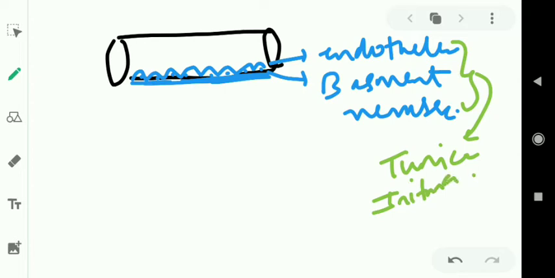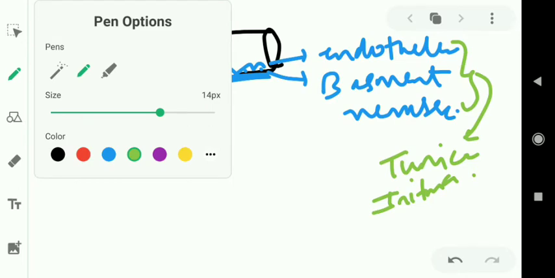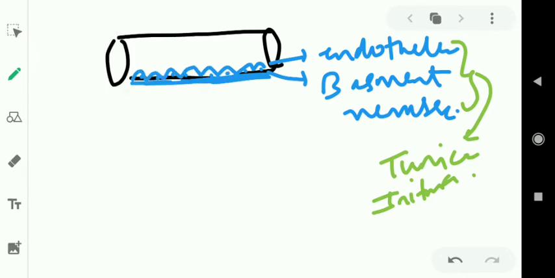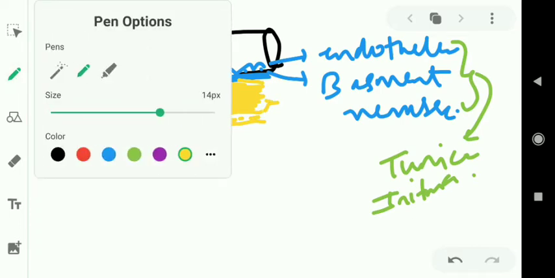Next comes the tunica media. Because we're studying large arteries, meaning elastic arteries, it should have a larger amount of elastic fibers. Consider these yellow things as your elastic fibers.